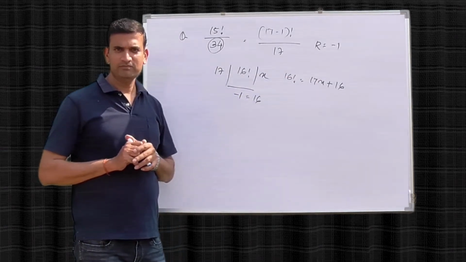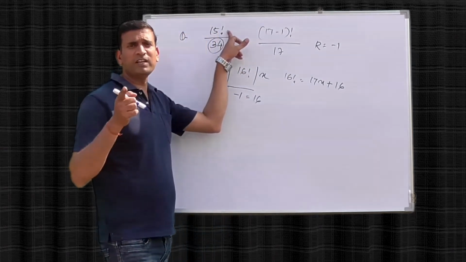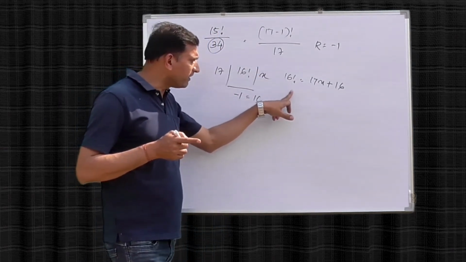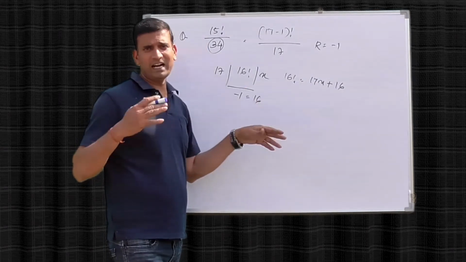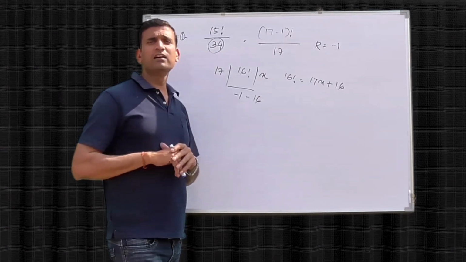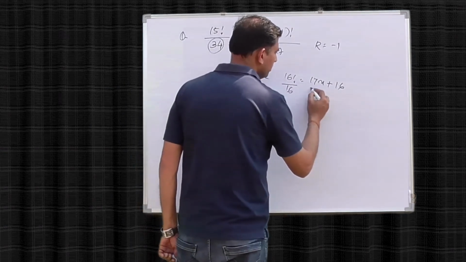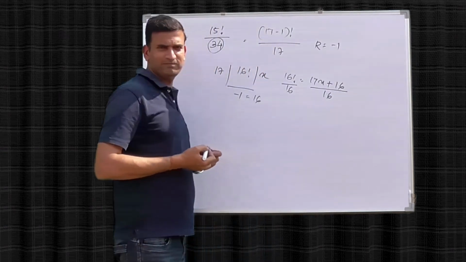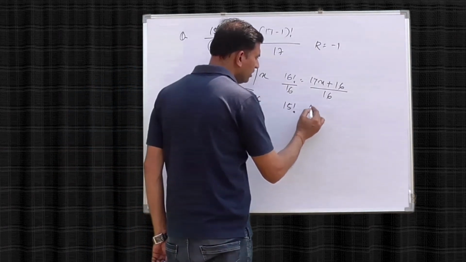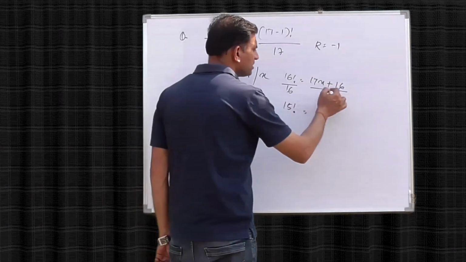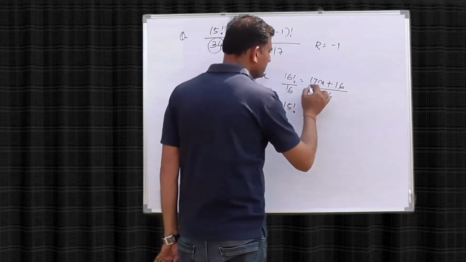Okay. Now, we are having the target 15 factorial. So if I divide by 16 on both sides, right side and left side, we'll get 15 factorial. Here also divided by 16. Means here 15 factorial can be expressed as 16 is completely divisible by 16. Okay. Now this part is what?